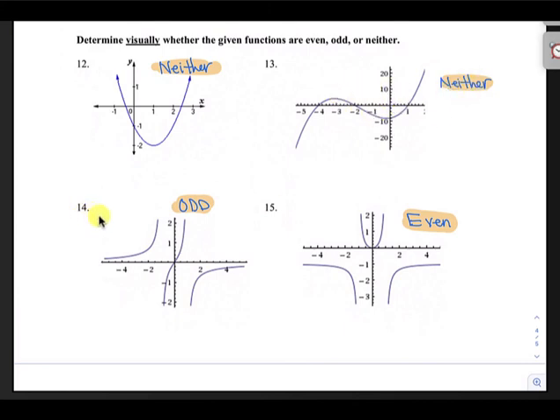For number 14, this graph is actually symmetric through the origin. Like this point here passes through the origin and reflects over to this point. This is symmetric through the origin, and therefore this is odd. And for number 15, you can clearly see that this is symmetric across the y-axis, and that makes this one even.